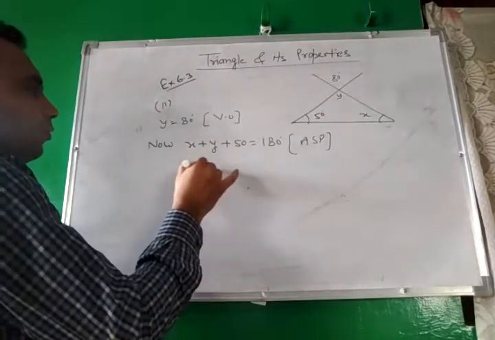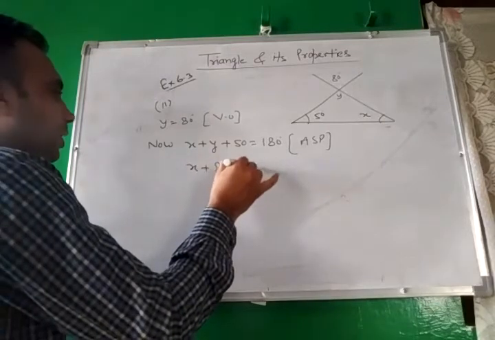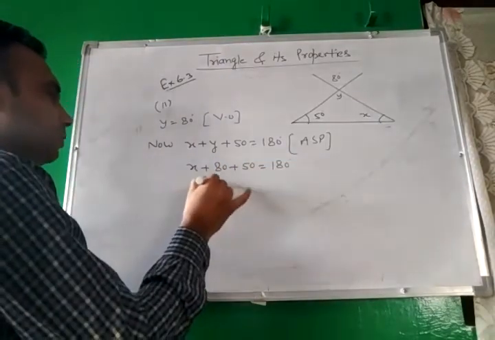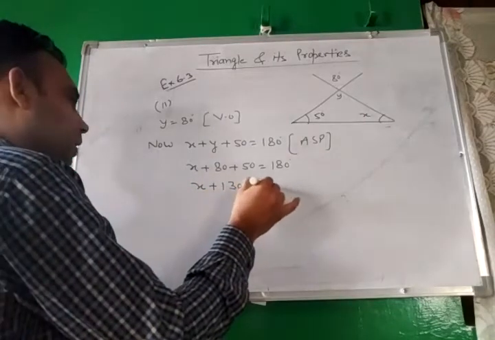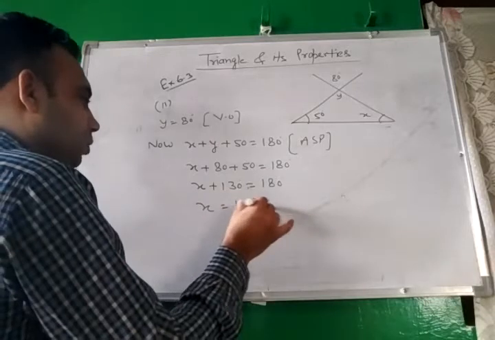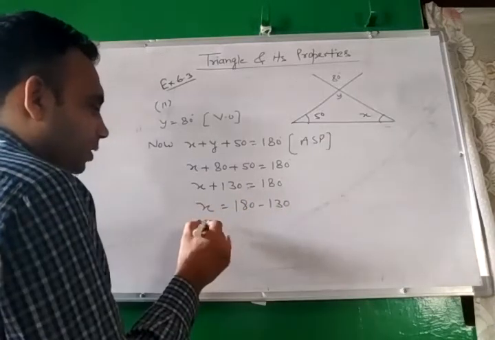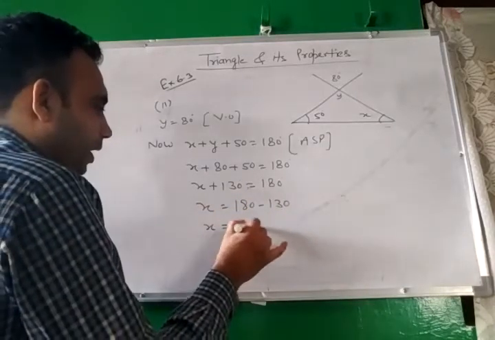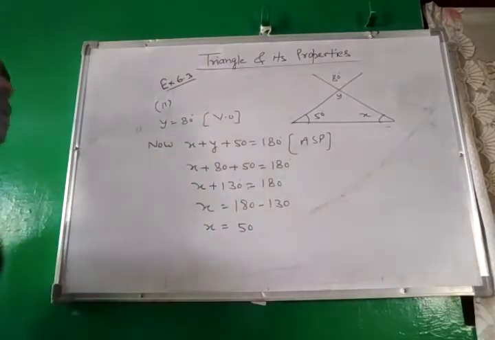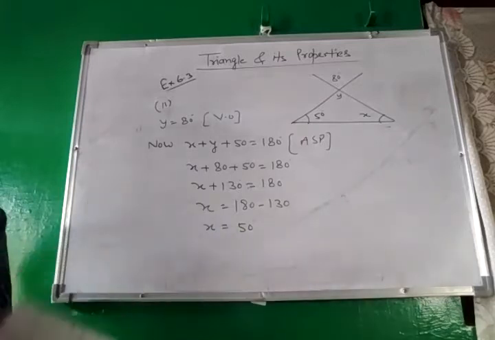So x plus 80 plus 50 is equal to 180. x plus 130 is equal to 180, or x is equal to 180 minus 130. So x is equal to 50 degrees. So y is equal to 80 and x is equal to 50.